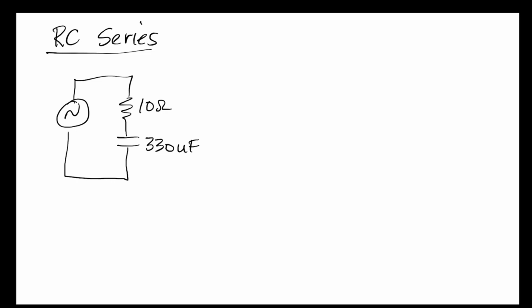If I look at this as being my schematic for my series example, the first thing I would do is approach this in terms of the total impedance. So Z total can be determined as a rectangular value of 10 ohms plus minus J, and we have to do a calculation of the XC value here, where we have XC equal to 1 over 2 pi FC.